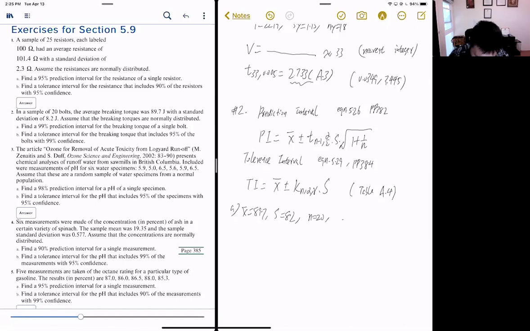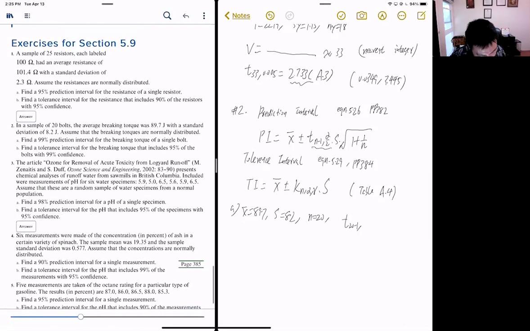So the T value has n minus 1, n is 20, so that's 20 minus 1 degrees of freedom, and half alpha based on a 99% prediction interval, so half alpha is 0.005. Okay, so the T value is 2.861. From table 8.3, make sure you can find the same number. Plug this number into the equation for prediction interval. The answer will be this.